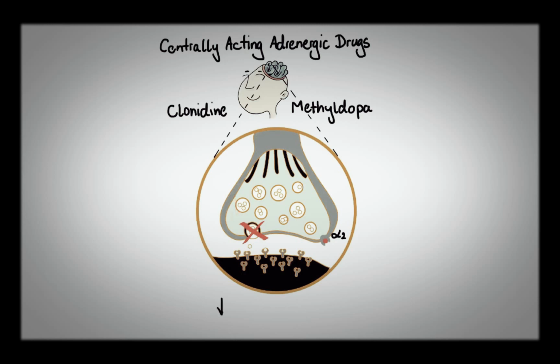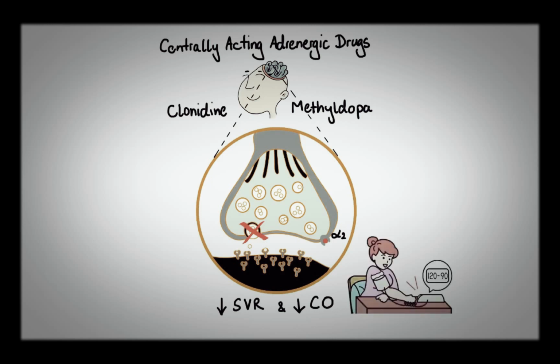This leads to decrease in systemic vascular resistance and cardiac output, and ultimately decreased blood pressure. Methyldopa, on the other hand, also lowers blood pressure through the same mechanism. However, unlike clonidine, it is not an agonist itself, so first it must be converted to its active metabolite called methylnorepinephrine.